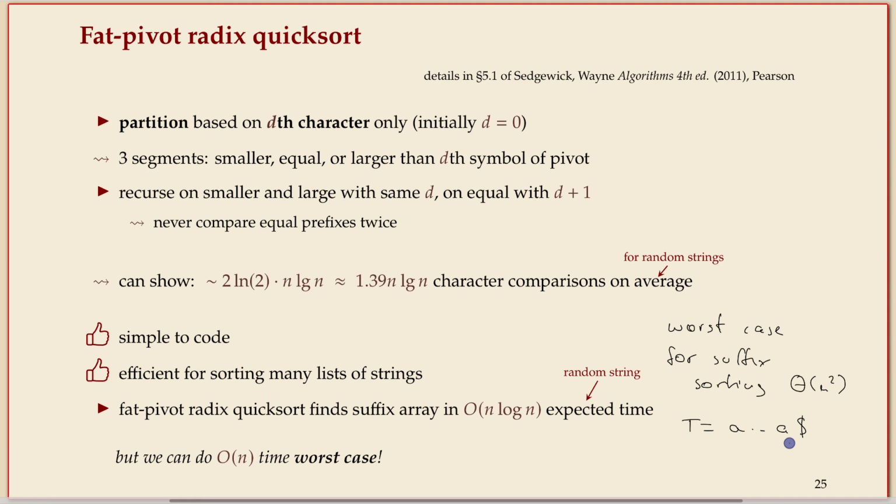So you compare all those, and it's inevitable if you just apply a string sorting method. As long as you don't take advantage of the fact that the list of strings are suffixes, you will not get away from this worst case. But I promise you we can do it with linear worst case running time by taking into account that we're sorting suffixes.